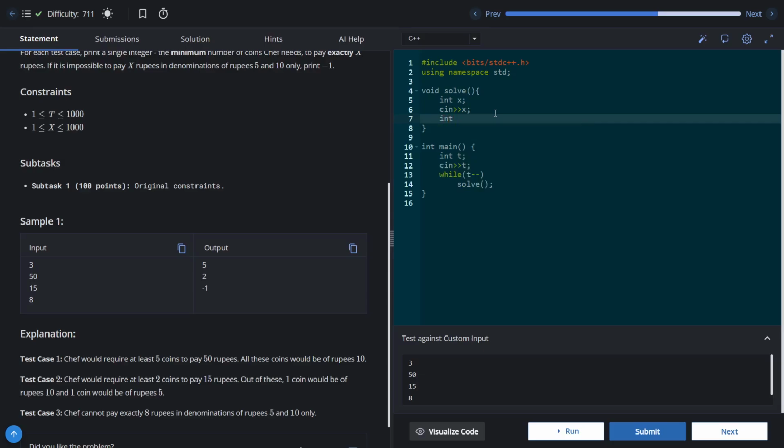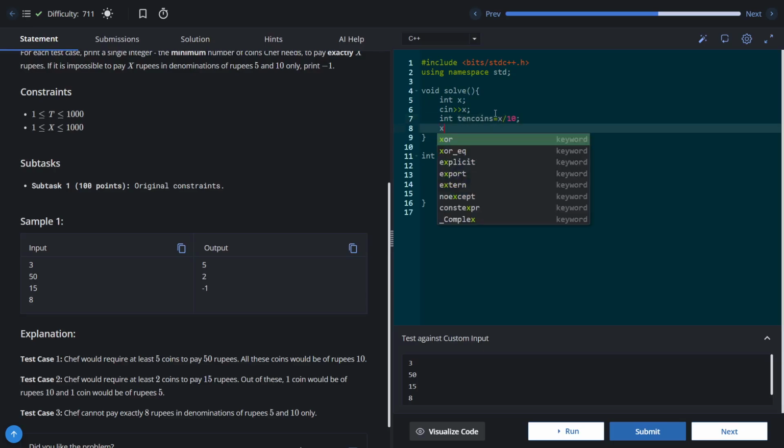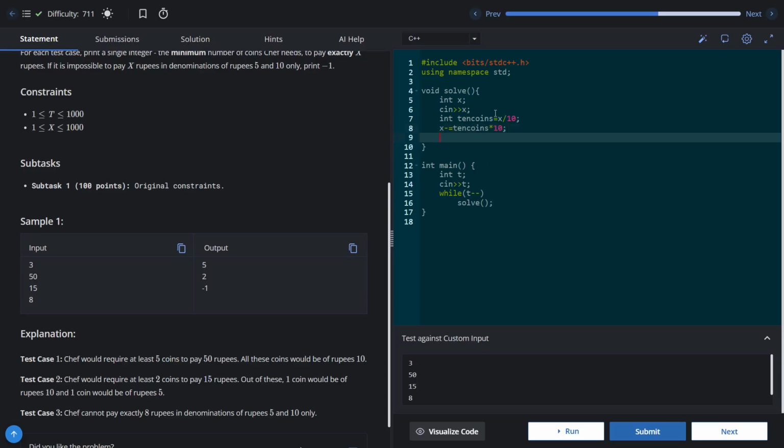Let me take one variable 10 coins, which is basically the number of 10 coins, which will be x by 10. And now your x value will be reduced by 10 coins into 10. Now one more variable I'll be taking, 5 coins, which is x by 5. Now your x value will be reduced by 5 coins into 5.